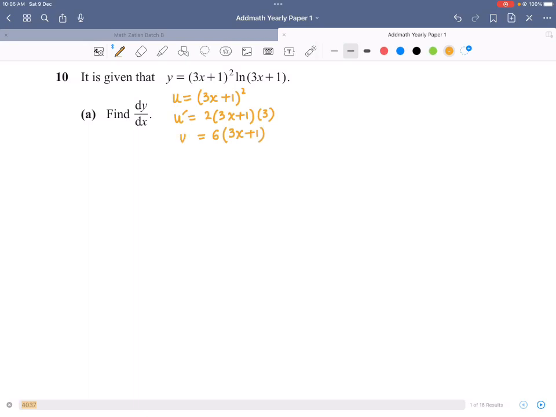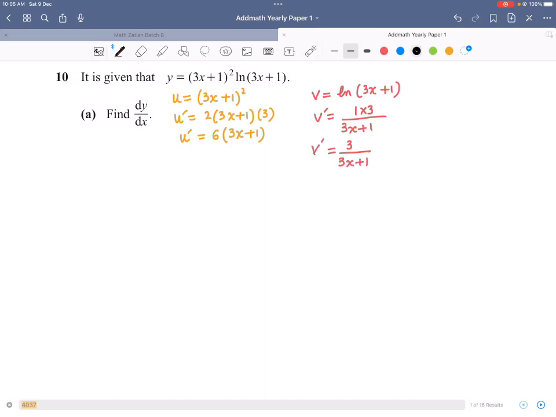That is the derivative of u. For v, we have ln of (3x plus 1). The derivative of v is equal to 1 over (3x plus 1) times 3 in the numerator, that is the derivative part. So we got 3 over (3x plus 1), that is the derivative of v.